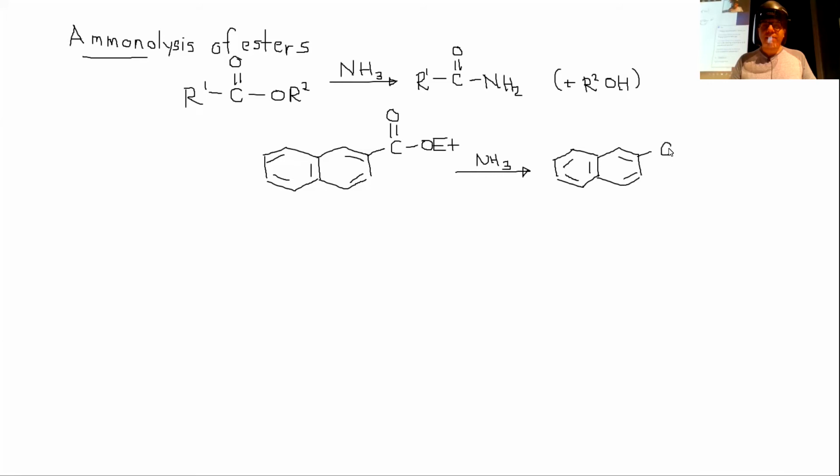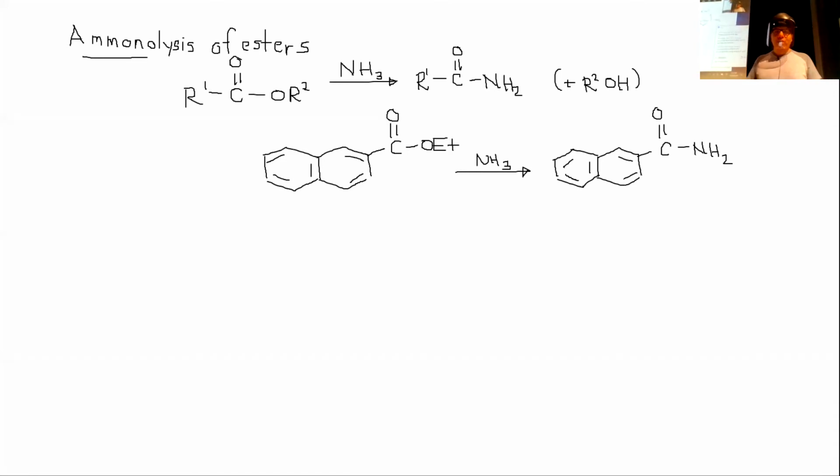So you would just get C double bond O, NH2. And yes, you'd also get ethanol out of this, CH3CH2OH. But this will be the major organic product that we'd actually isolate. The other would essentially become a waste product. So that's an example of ammonolysis of esters.